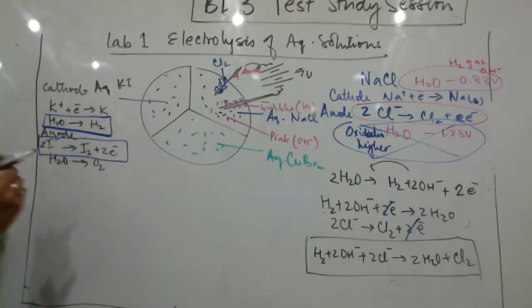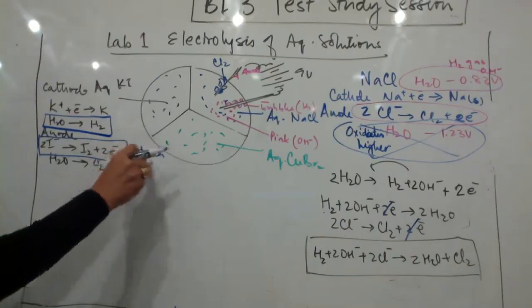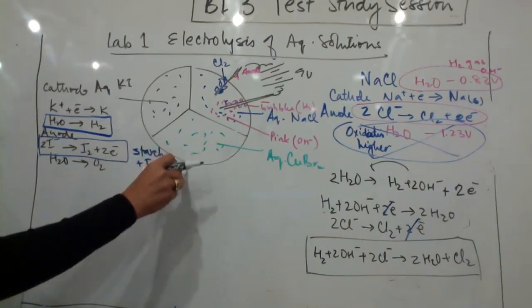when you added starch, there is a property of iodine. With starch, iodine forms a blue color.